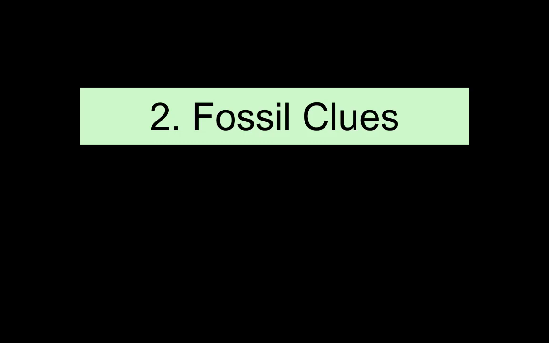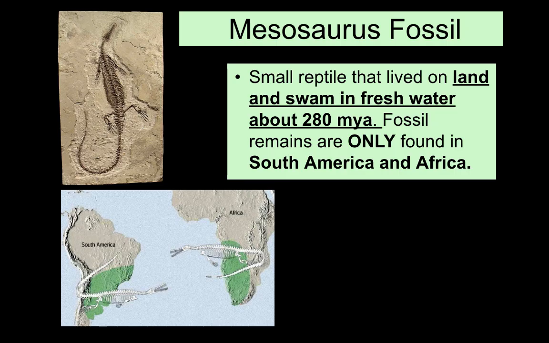So he went to the fossil record to see where fossils of ancient creatures were found. One of the fossils that he focused on was the Mesosaurus fossil. Now, the Mesosaurus, as a review, was a small reptile that lived on land but swam in fresh water only. Now, fossils of this reptile were found only in South America and Africa.